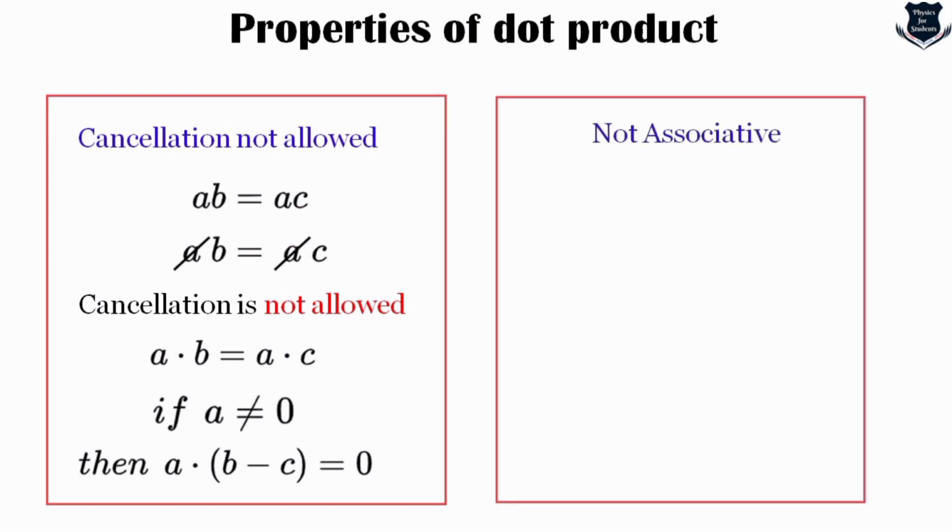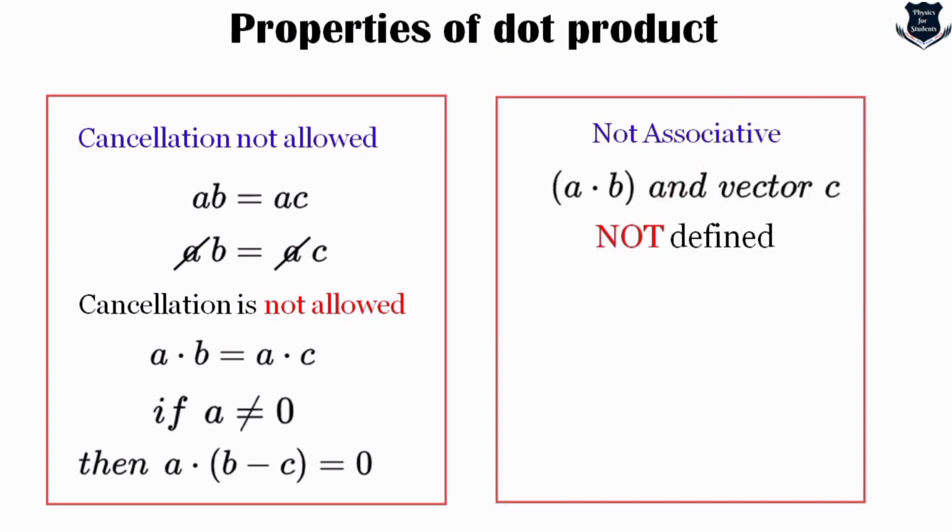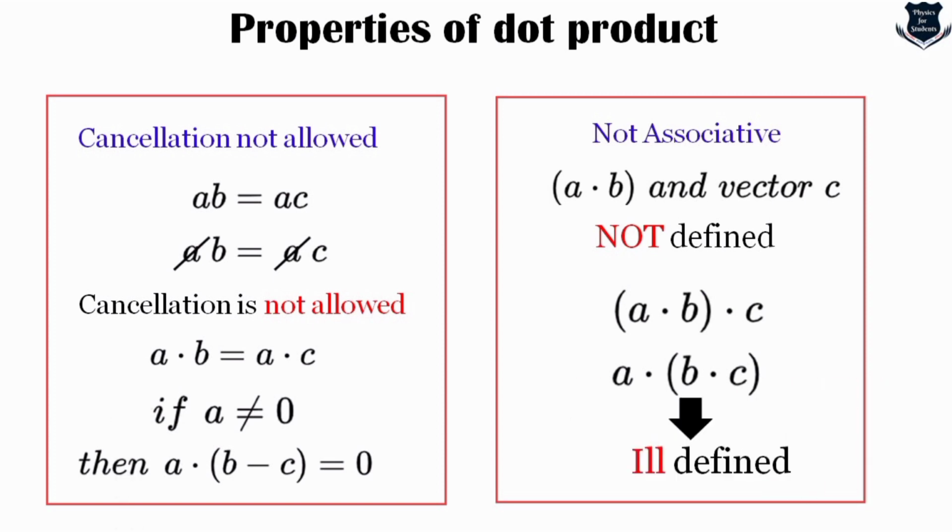That means if we follow the rule, then (A·B) dot vector C is not defined. Mathematically, we call it ill-defined, right? So this is something which is not defined. So it does not follow the associative property, cancellation is not allowed, and various other things. You might be wondering why I'm going deep into these properties instead of saying what the difference is. You will soon understand. Just hold on for a few minutes more.